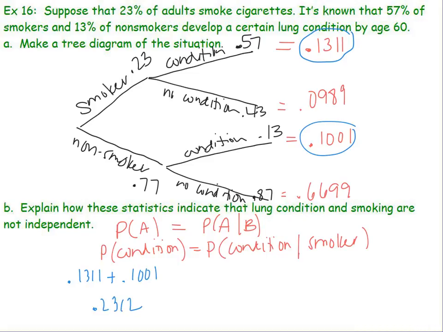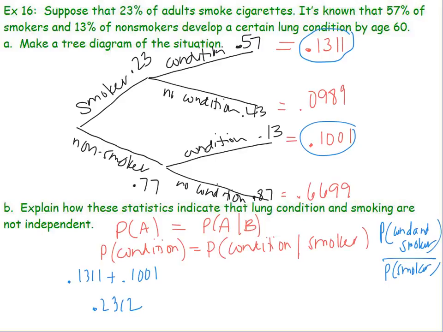Now we have to find the probability that they have the condition given they are a smoker. So the numerator is the probability that they have the condition and they are a smoker. The denominator is going to be simply the probability that they are a smoker. So those are the things that we have to find.